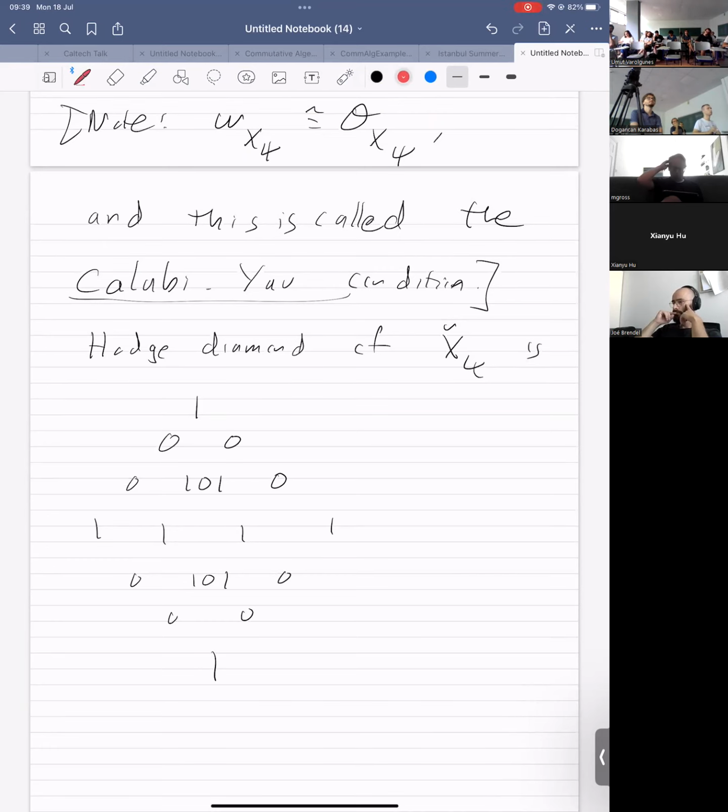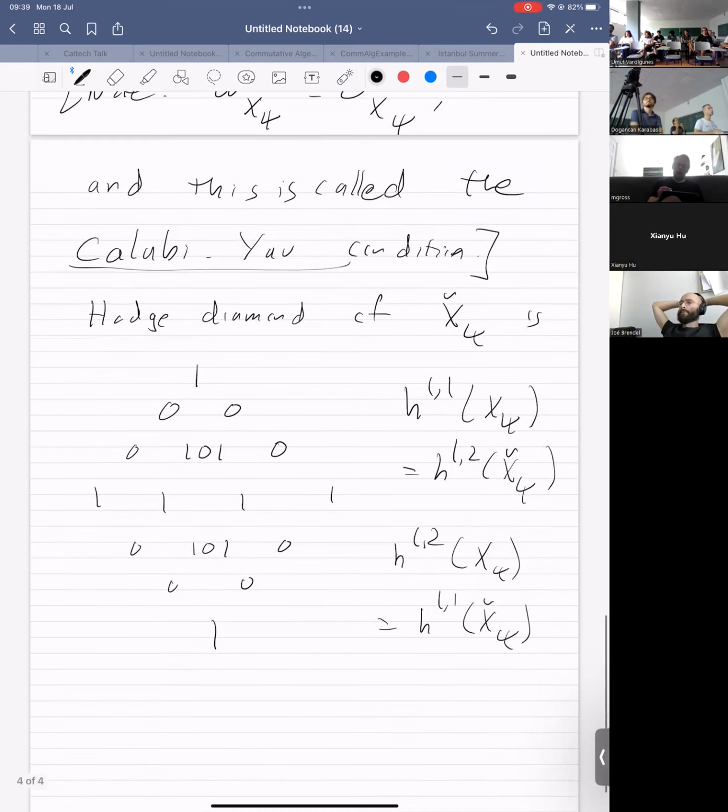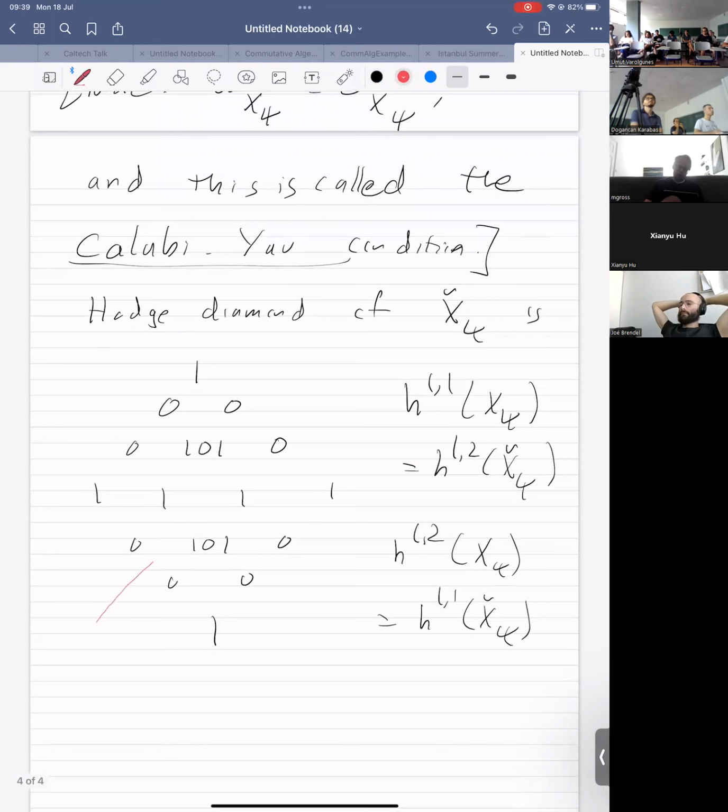So the crucial point here is that we've really interchanged Hodge numbers. So crucially here, h11 of X psi equals h12 of X hat psi, X check psi, and h12 of X psi equals h11 of X hat psi. And this represents a symmetry in the Hodge diamond about this axis. So if you reflect around this axis, you get the other Hodge diamond.